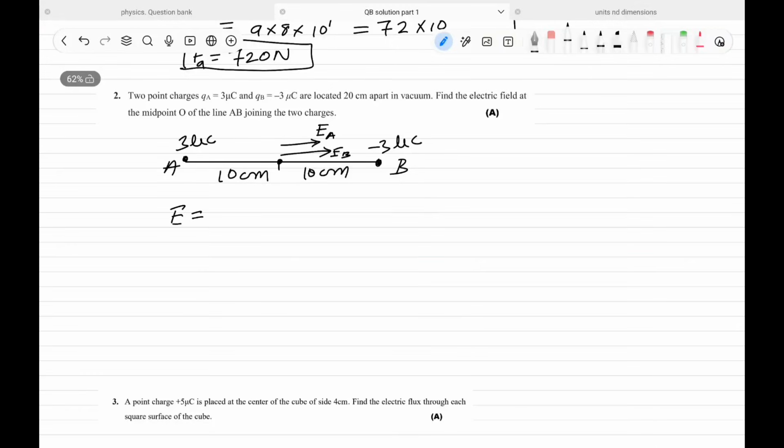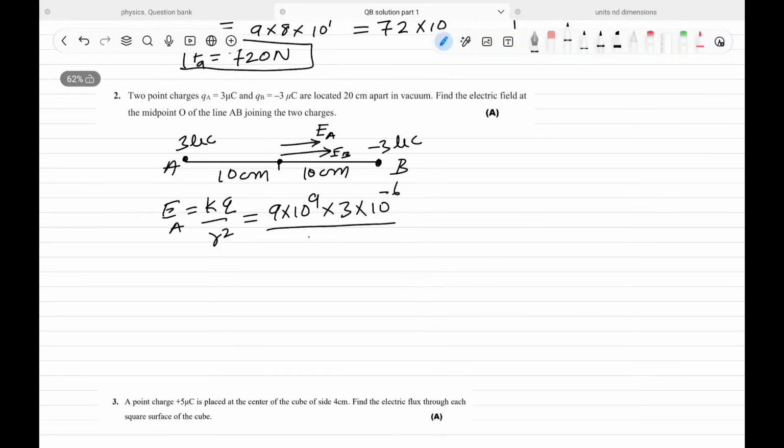Electric field intensity equation E is equal to KQ divided by R square, where R is the distance and Q is the charge. 9 into 10 to the power 9 into the first charge, EA we are calculating: 9 into 10 to the power 9 and 3 into 10 to the power minus 6, microcoulomb, so we have taken minus 6.